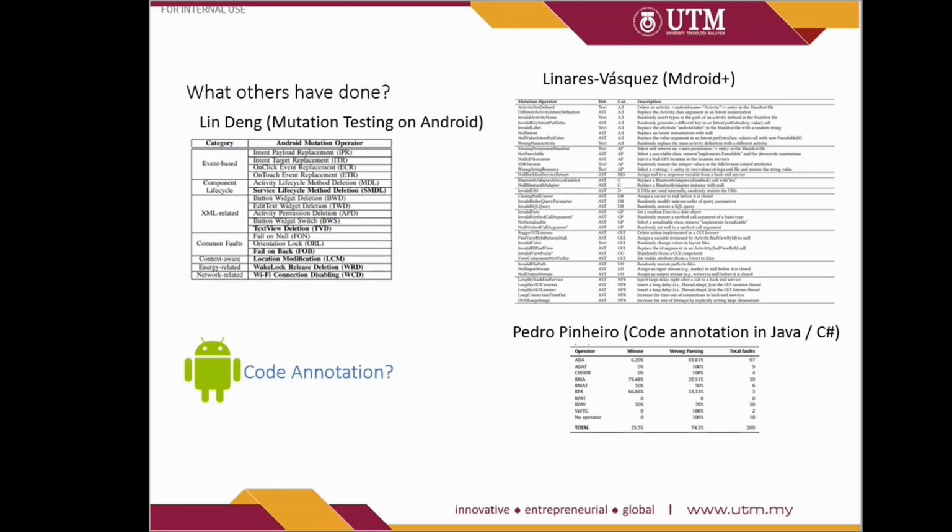Then there is Android Plus, which is something he created that will basically create mutants in Android applications. Next is Pedro Pinheiro, who focused on code annotation in Java and C# programs. We found it would be interesting to look into code annotation in Android applications, because as far as we researched, no one has focused on mutation testing using code annotation in Android yet.